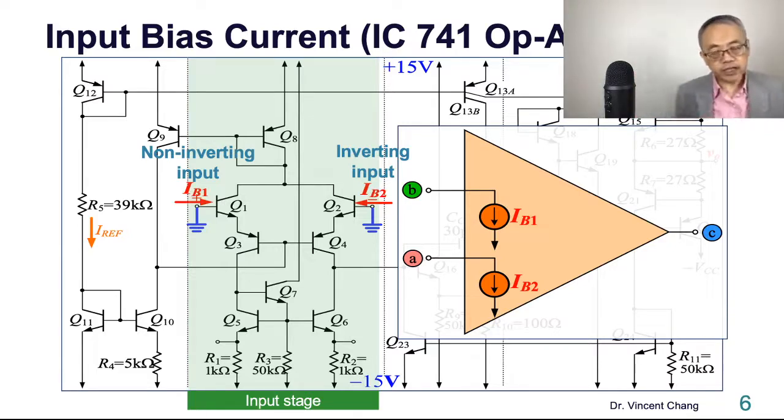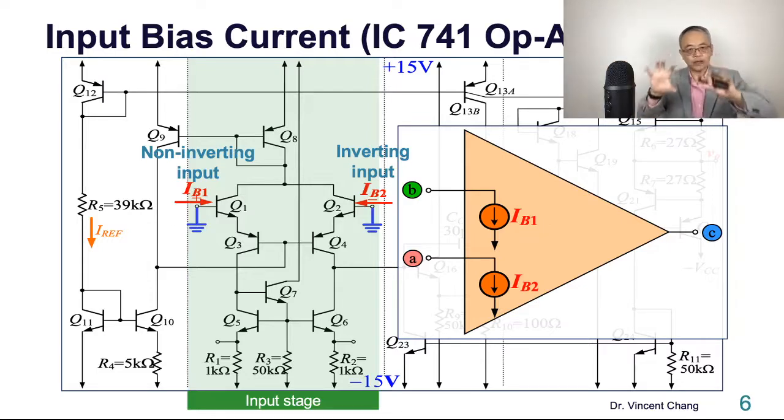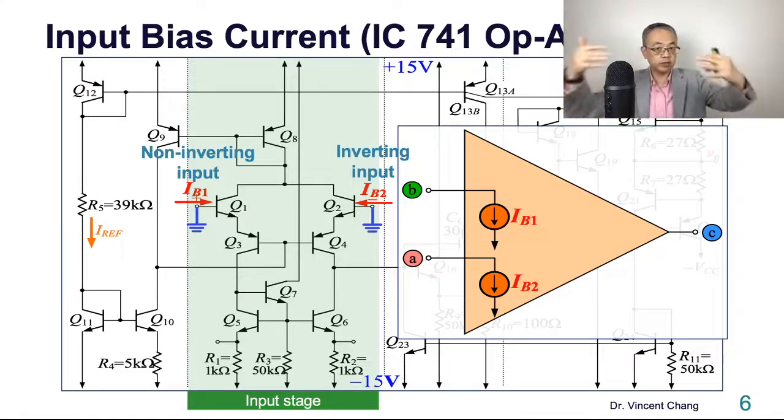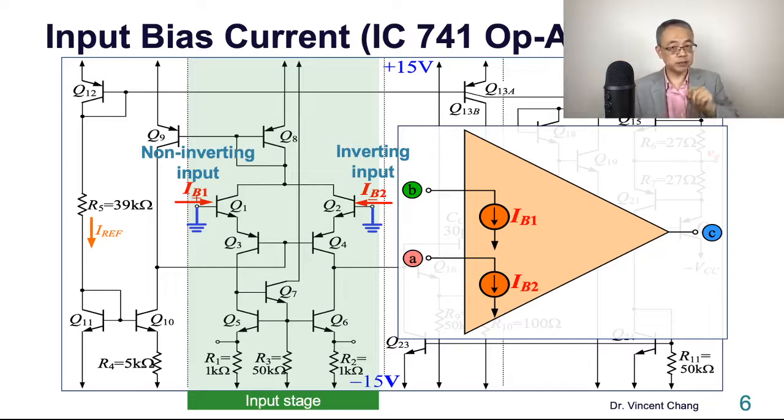And then you will see a current, because when the transistor is turned on, there will be current. If the current is zero, that means the transistor is cut off. So how can an amplifier work when it is cut off?